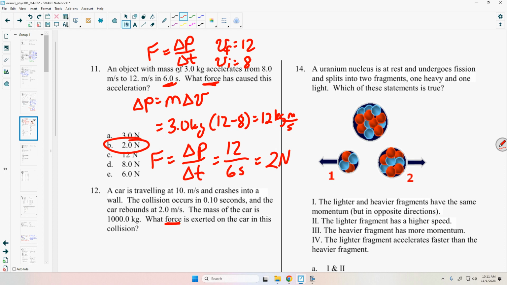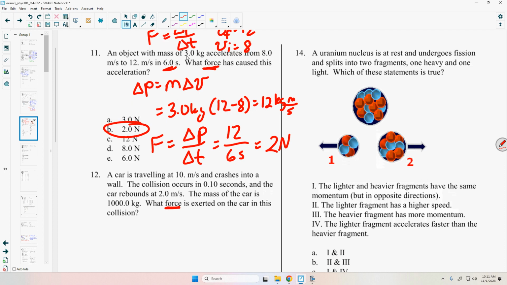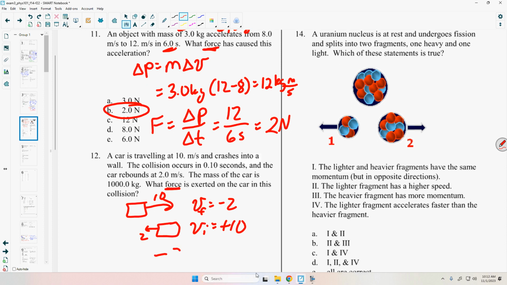Because if I have a final velocity of, well, let me draw it. So I have a car, it's traveling at 10, and then it rebounds at 2 meters per second. So VF would equal negative 2, and VI would be equal to positive 10. Then it's going to be negative 2 minus 10, or negative 12 meters per second.